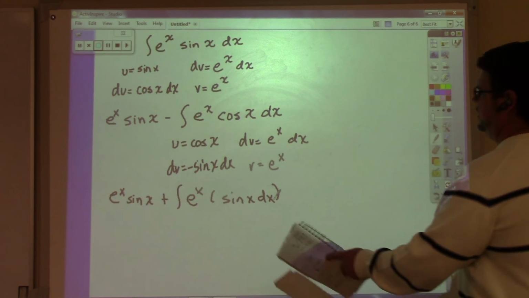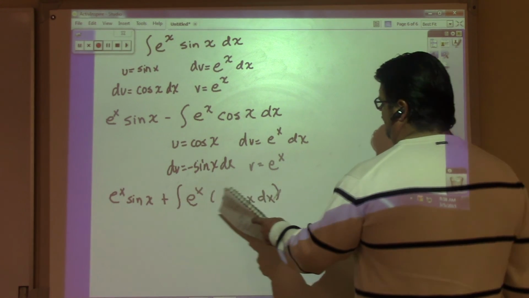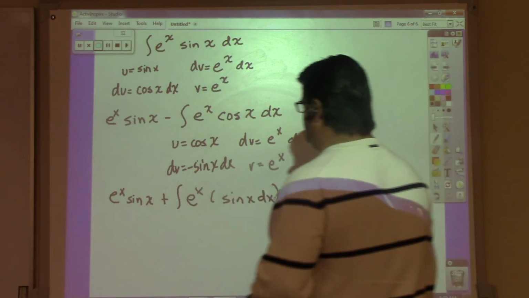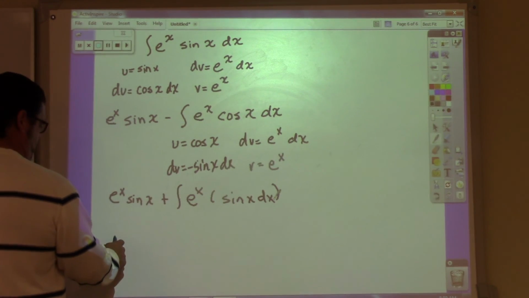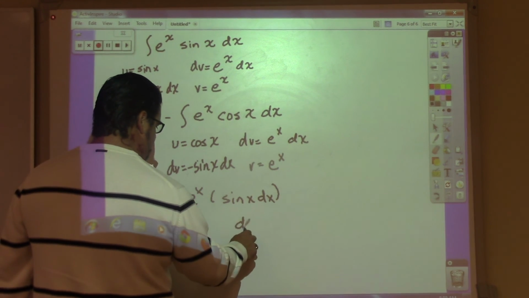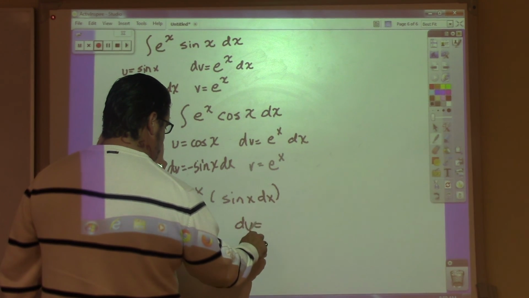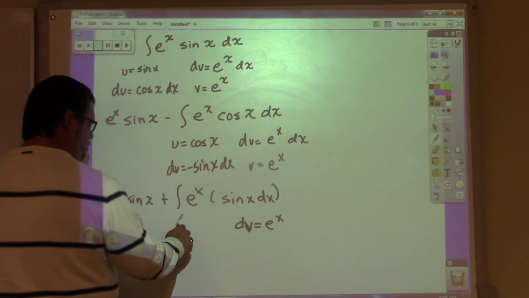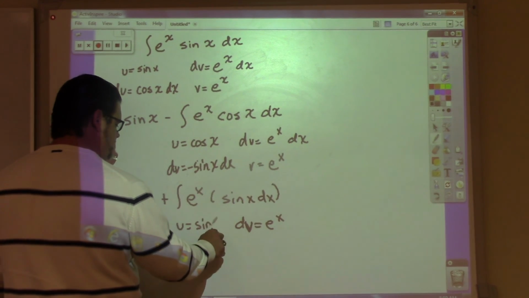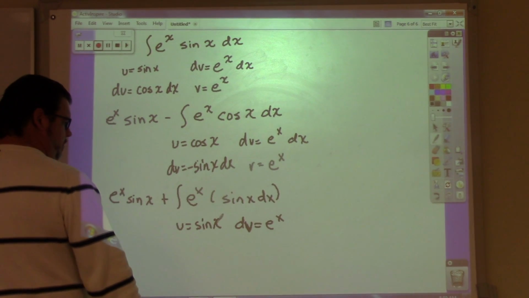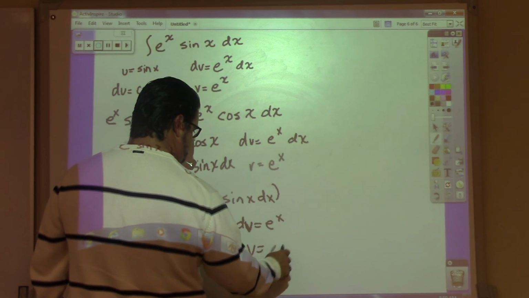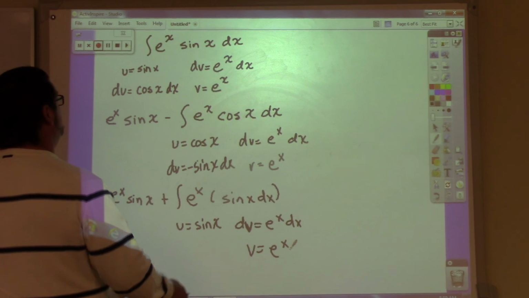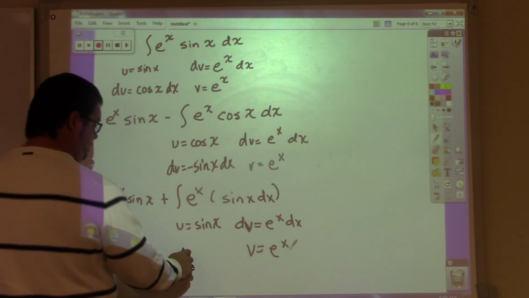And now we do this again. We can do it one more time, I believe. dv is equal to e to the x, and u is equal to the sine of x. v is equal to e to the x, and the derivative of sine is cosine, right?